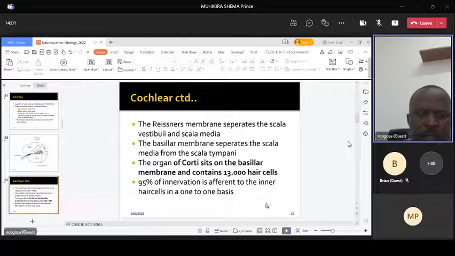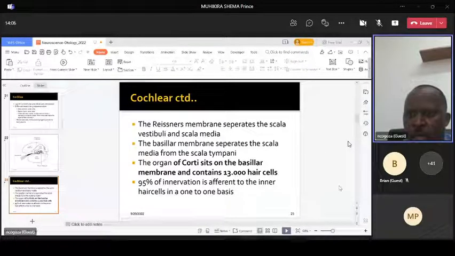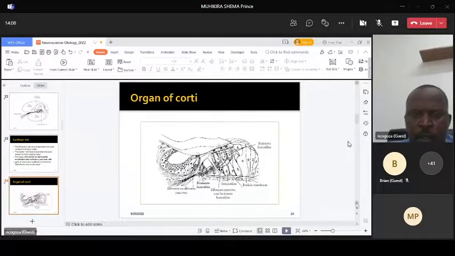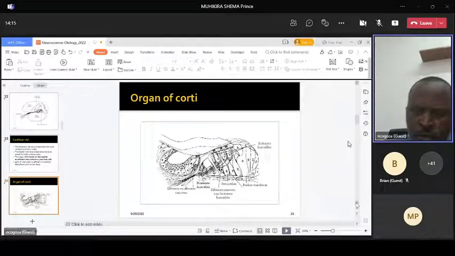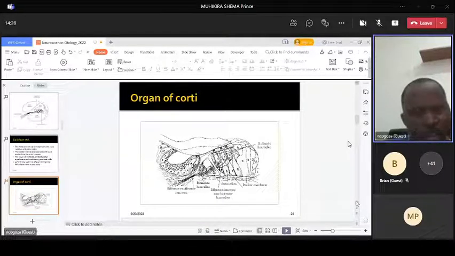And what we can talk about more is, you see, this organ of Corti, those are different cells. We are not obliged to know the cells. We know just that the organ of Corti contains hair cells, the hair cells translating the mechanical energy into electrical impulse, and the electrical impulse is taken by the vestibulocochlear nerve to the brain.